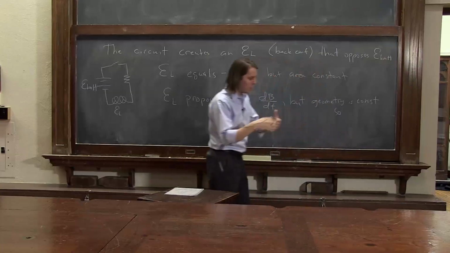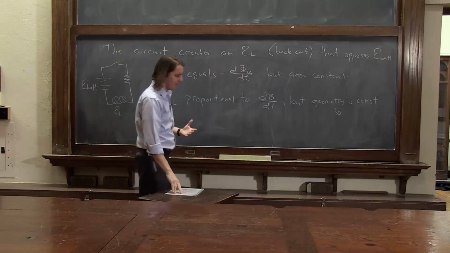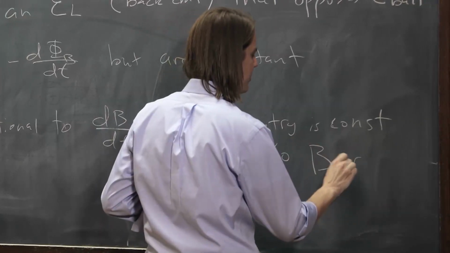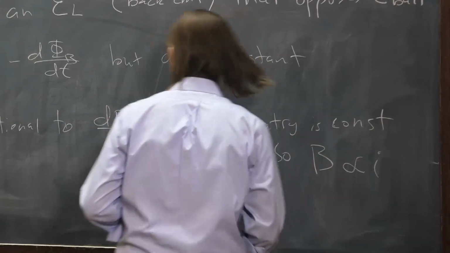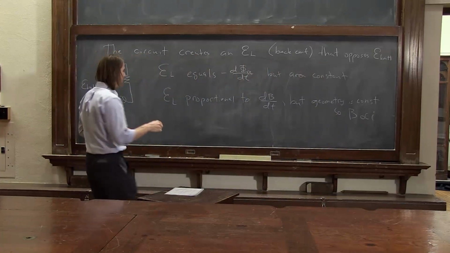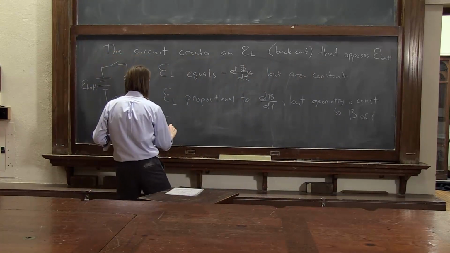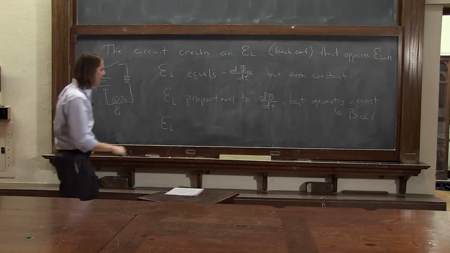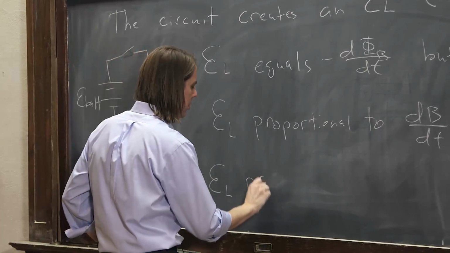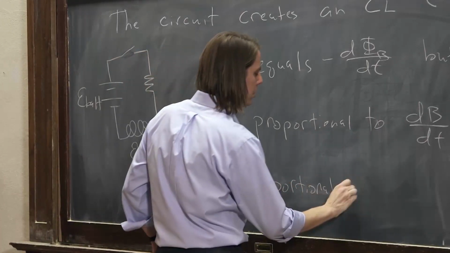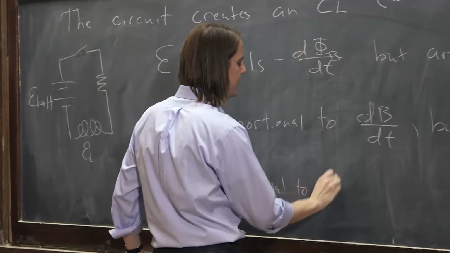So since we have just this wound coil, we know that the B field magnitude is going to be proportional to the current. So if we know the B field is proportional to the current, then we want to notice that the EMF induced in this little thing is proportional to di/dt.